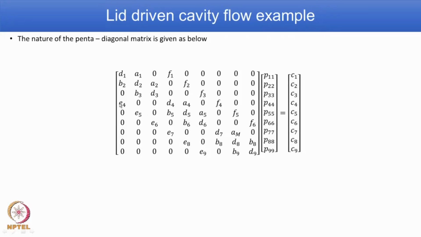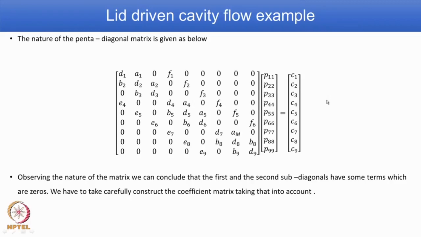Similarly, on the lower side E4 to E9 after the 0 values, and the pressure column vector, the unknown column vector, is multiplying that coefficient matrix, equal to the known values written as a known vector on the right side. If you observe the nature of the matrix, we conclude that the first and second subdiagonals have some terms which are zeros, and we have to carefully construct the coefficient matrix taking that into account.